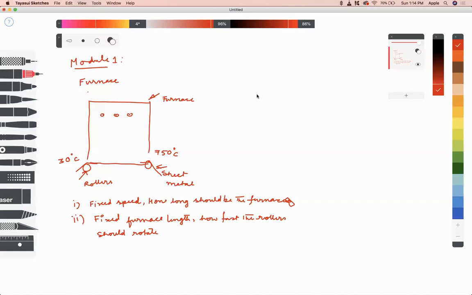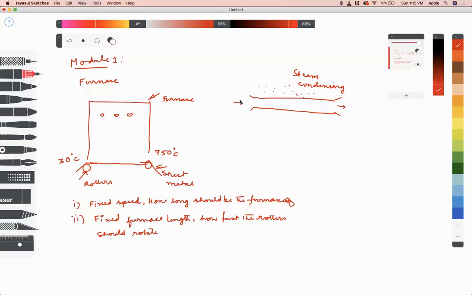Same thing we can also put like, let's say we have a pipe, and in this pipe let's say fluid is entering and fluid is exiting on the two ends, and let's say some steam is condensing in this particular pipe.